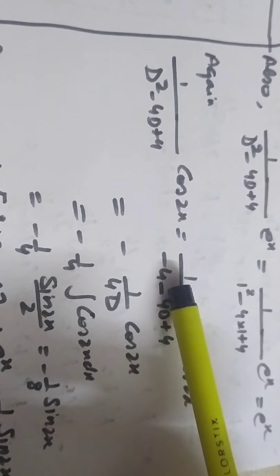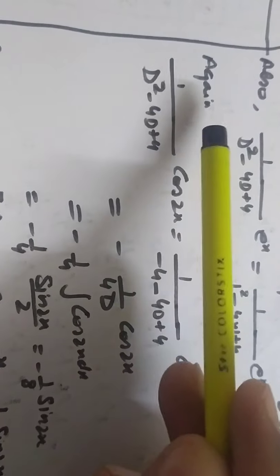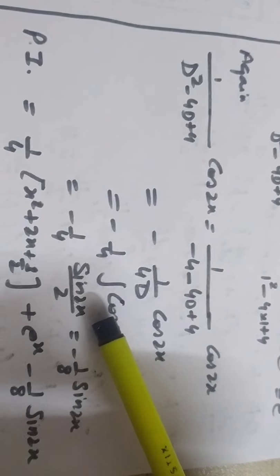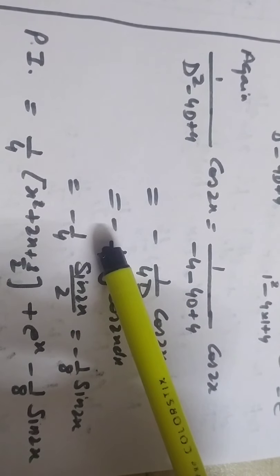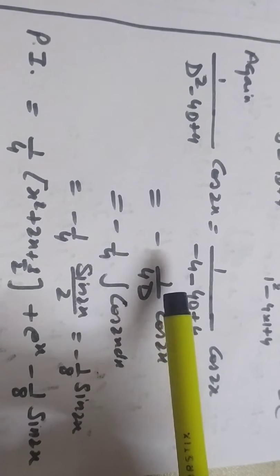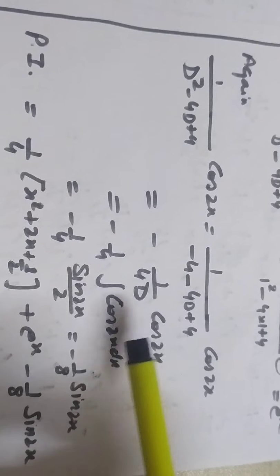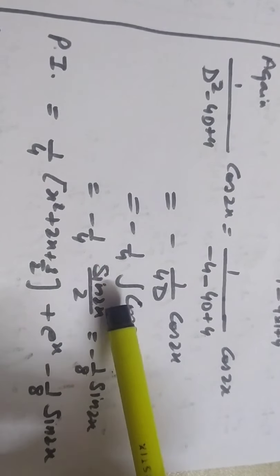So 1 over minus 4d plus 4 will be the solution after the substitution. Again, upon simplification, you get minus 1 by 4 outside the integration. Where has this integration come from? Because you know that 1 over d is the inverse of differentiation, that is, the integration of cos 2x. Cos 2x, on integrating, gives sin 2x over 2.